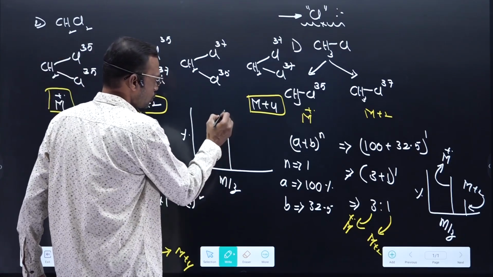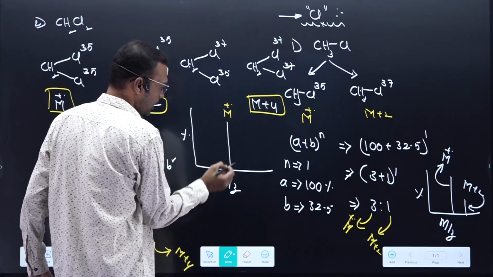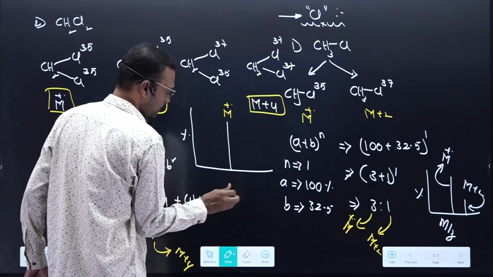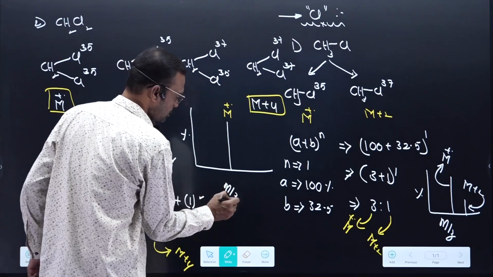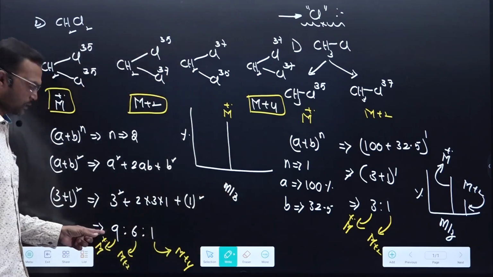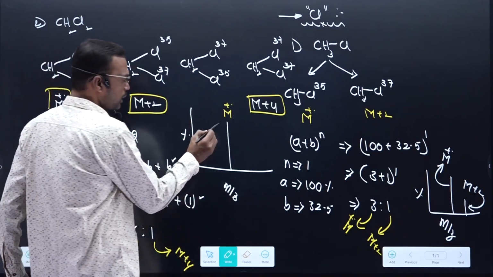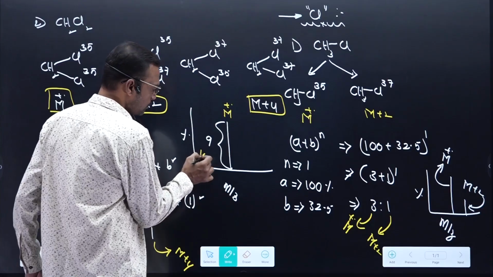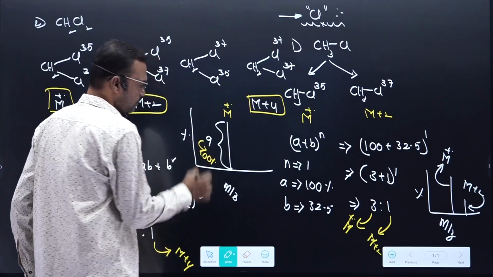So the molecular ion peak intensity is 9, not the M by Z value. I am saying peak intensity. See, this peak intensity 9, so this 9 is assumed as 100%. You need to assume it as 100%.